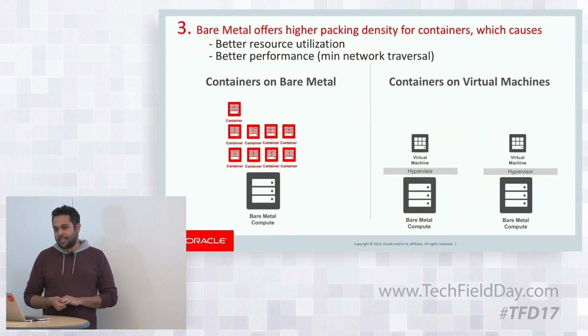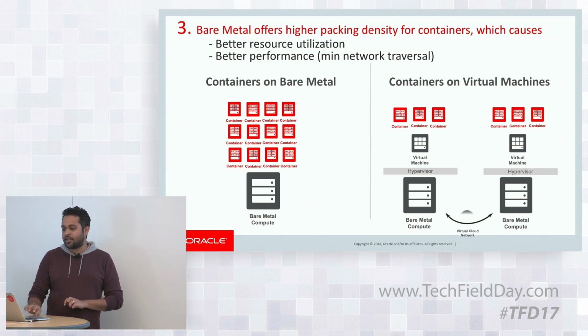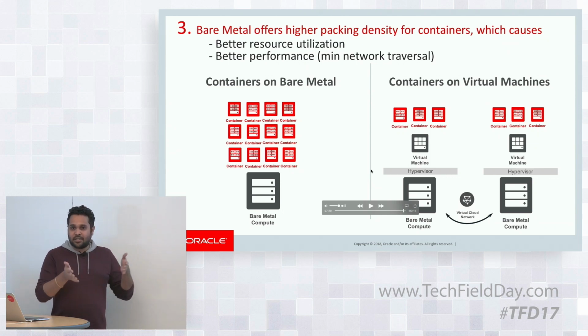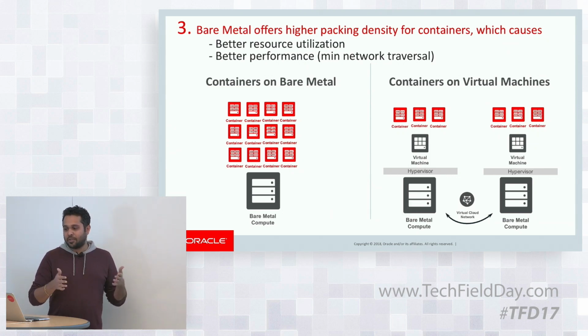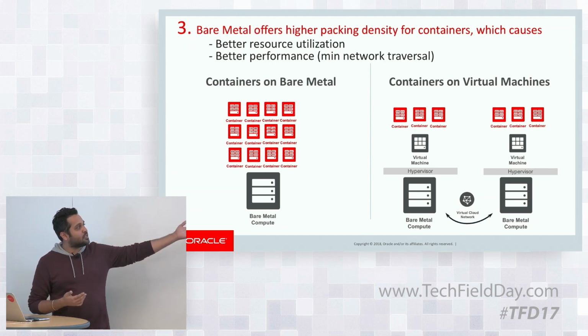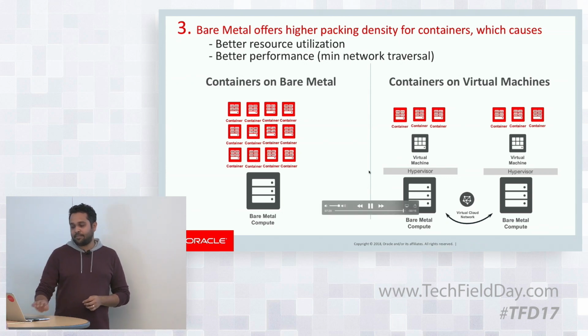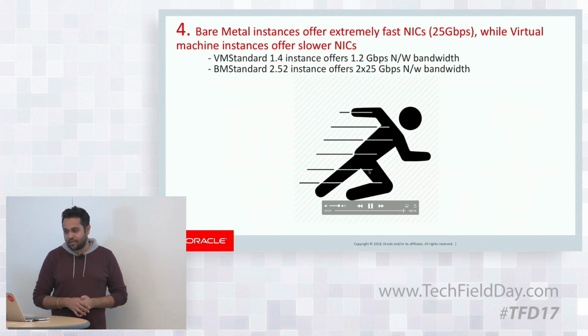And the packing density of bare metal is significantly higher compared to virtual machines. And why is that useful? That's because when you traverse across the network to communicate between the nodes, you get a lot of performance dip. So you get better resource utilization when you pack it across bare metal instances, and then you don't have to traverse across the network, right? So that, again, plays a significant role.